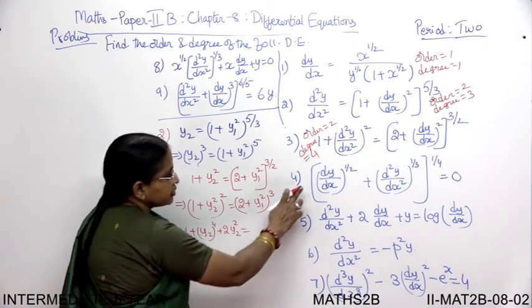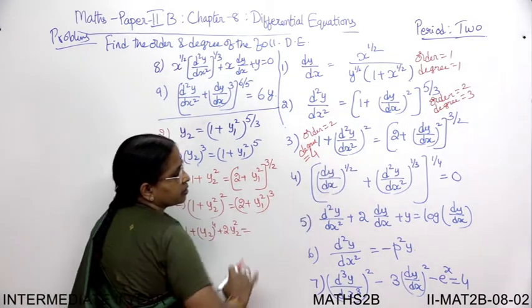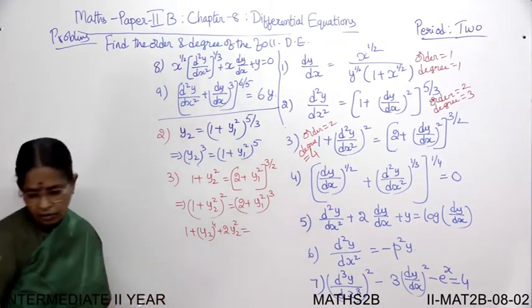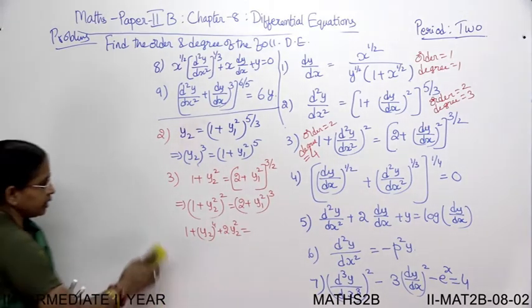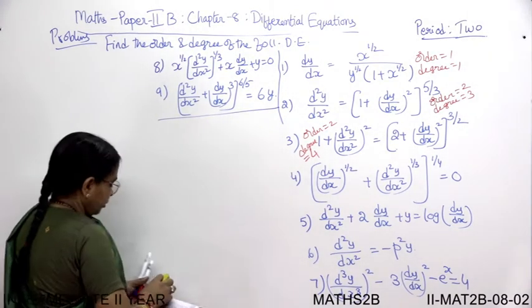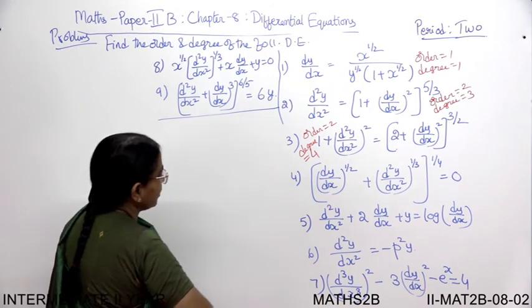Okay. Now if you see this problem, the fourth problem, you have all fractional powers only, but on the right side you have 0. On the right side you have 0. So it is very easy to get it in the standard form. So what can you do here? It is like dy by dx whole to the power half.